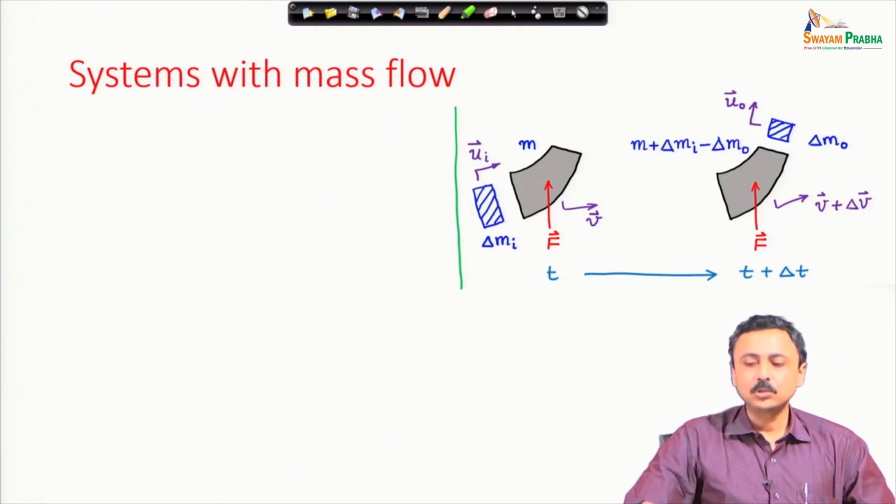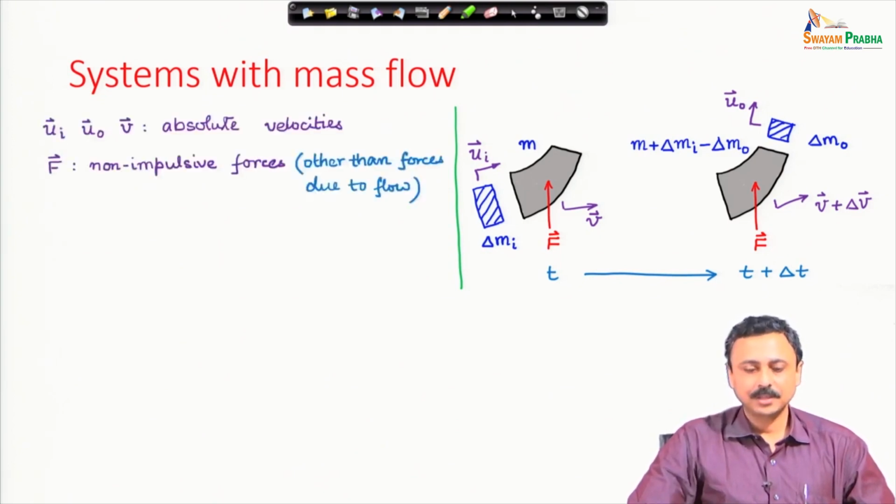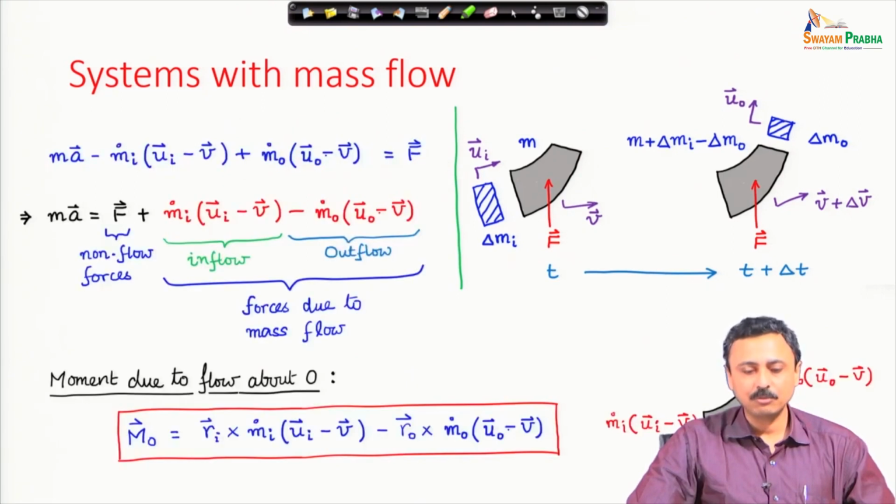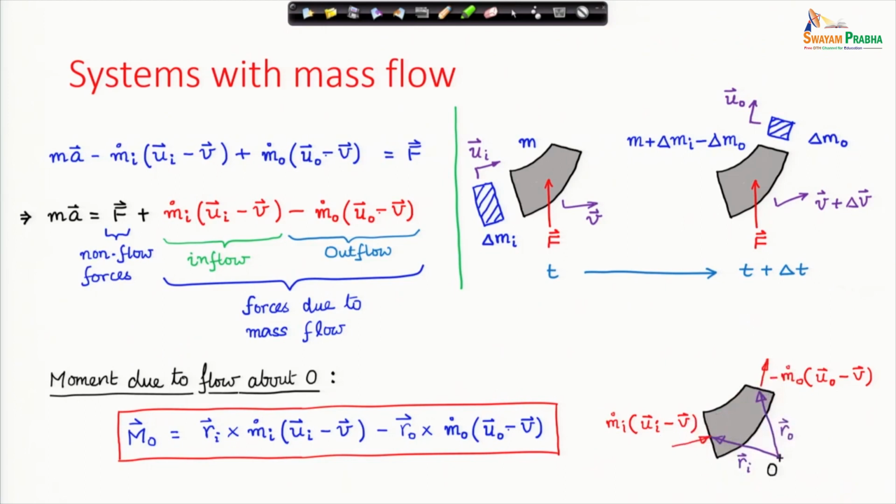And using these two states, we had derived the governing equation of motion, which I will show you here just to recapitulate. We had calculated the moment because of this, and this equation is our master equation, and in this we had interpreted what the flow forces are at the inlet and at the exit.